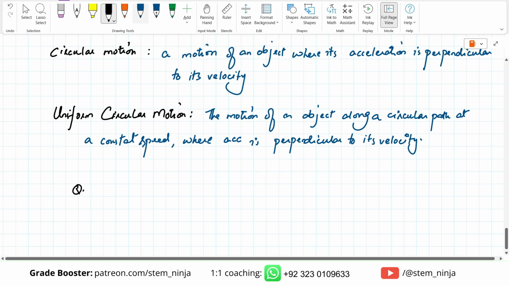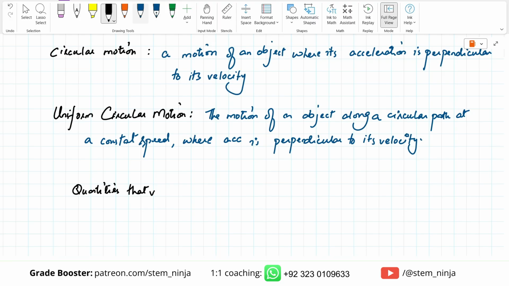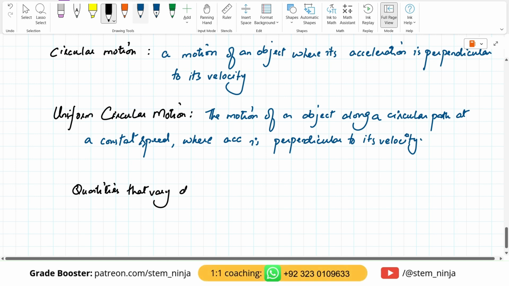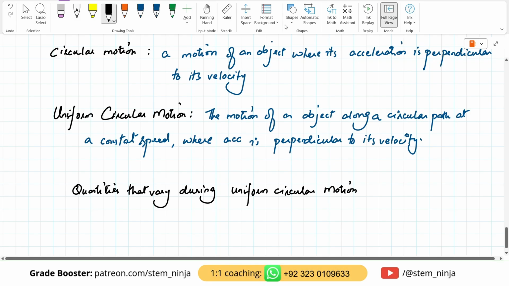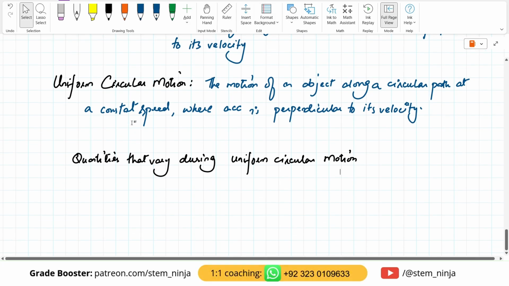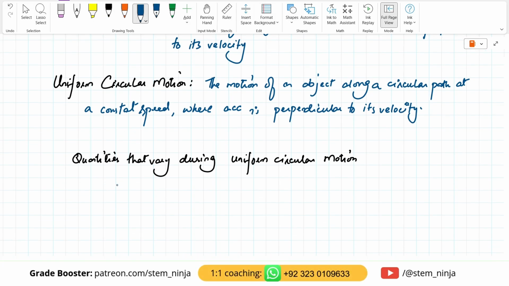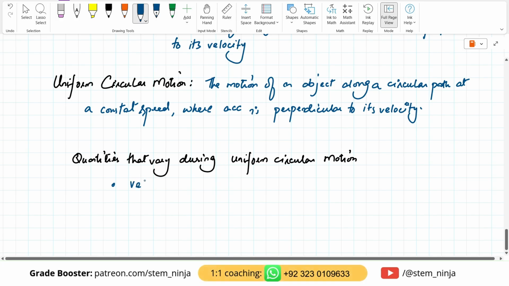So quantities that vary during uniform circular motion. Now, speed is the only thing that is constant, but the quantities that vary are velocity.